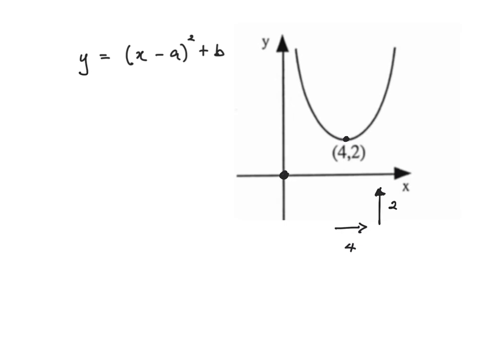Now, what do we do if the graph has been moved 4 spaces to the right? Well, what that means is that the value in the bracket is a minus. So we've got bracket x minus 4 all squared, and if we have an upward move of 2, then we have a plus 2 here.